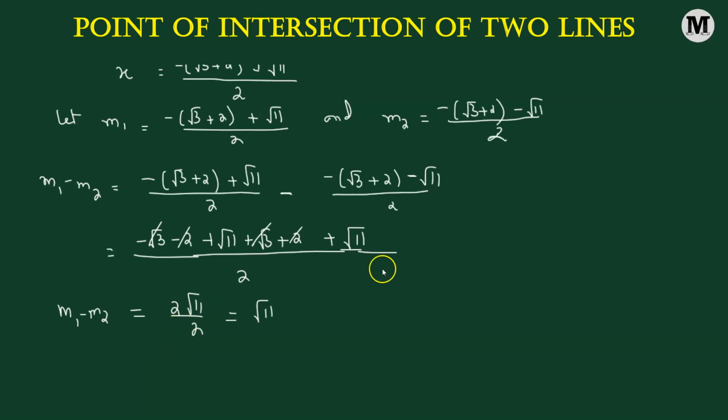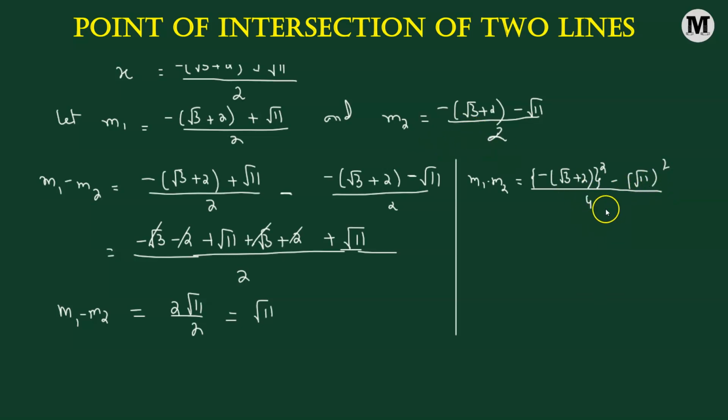Okay, next we'll try to find out the product of m1 and m2. So we have m1 multiplied to m2. Now clearly we can see that m1 and m2 are conjugates of each other. So here what we'll get is negative square root of 3 plus 2, let's square this value, minus square root of 11 whole square, divided by 2 times 2, the denominator simply becomes 4.